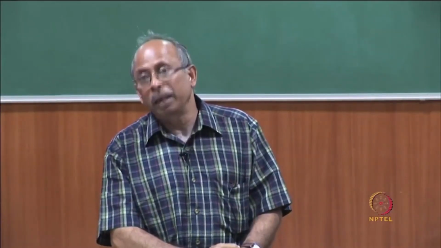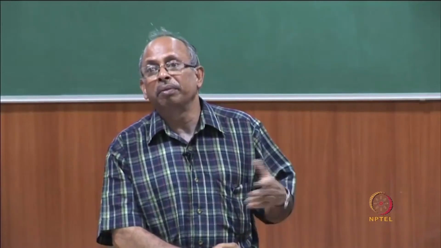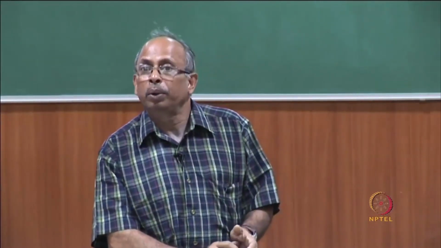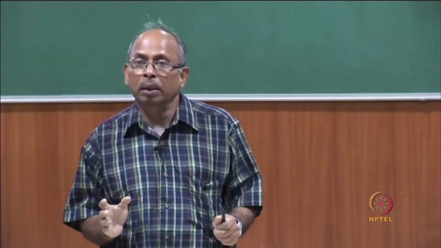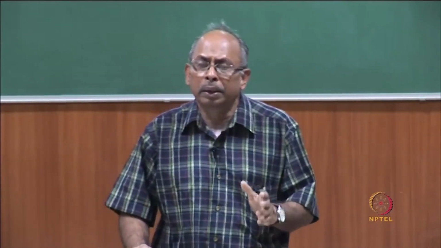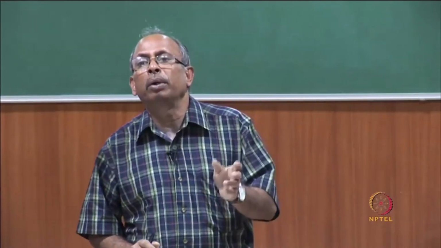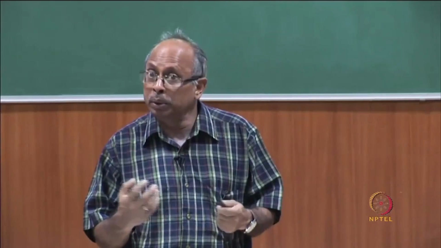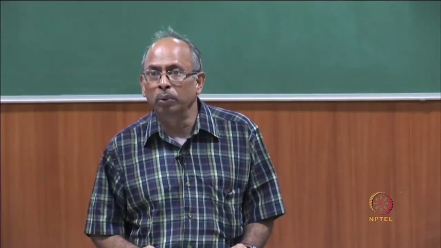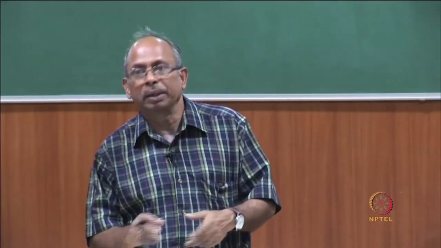Modulus of rupture gives you a higher value. The code uses a different one, which we will talk about in the next class. The code gives you 0.7 under root f ck. These are relative values for use in design, somewhat conservative, but we have seen how test conditions affect them.